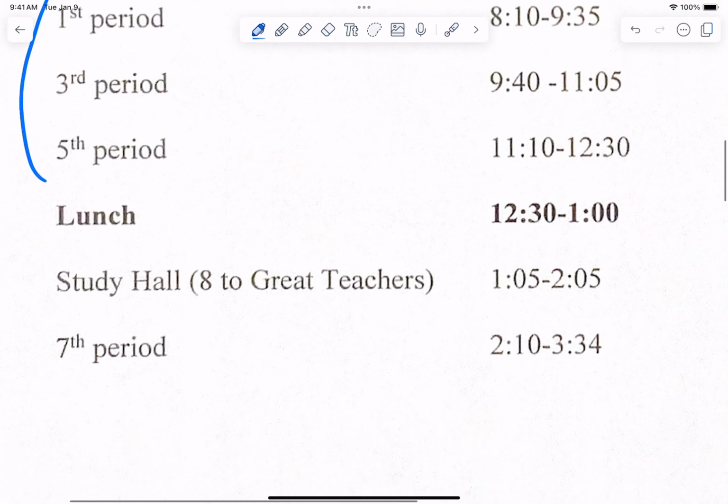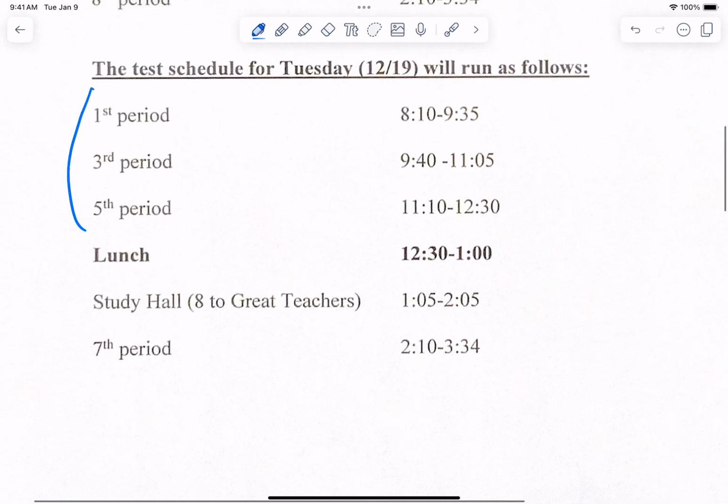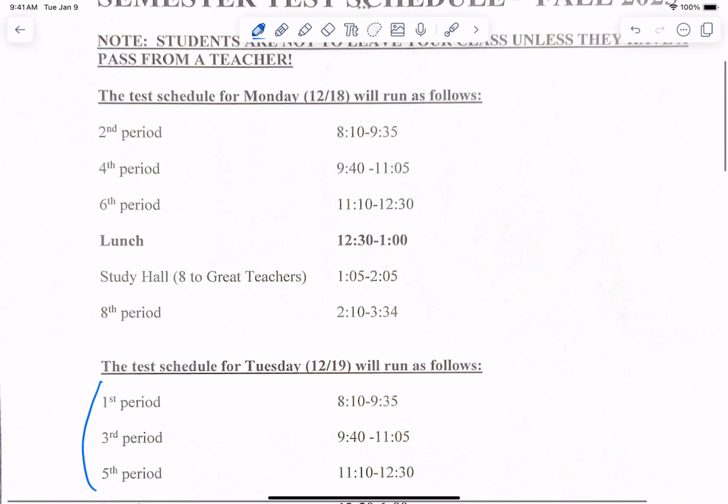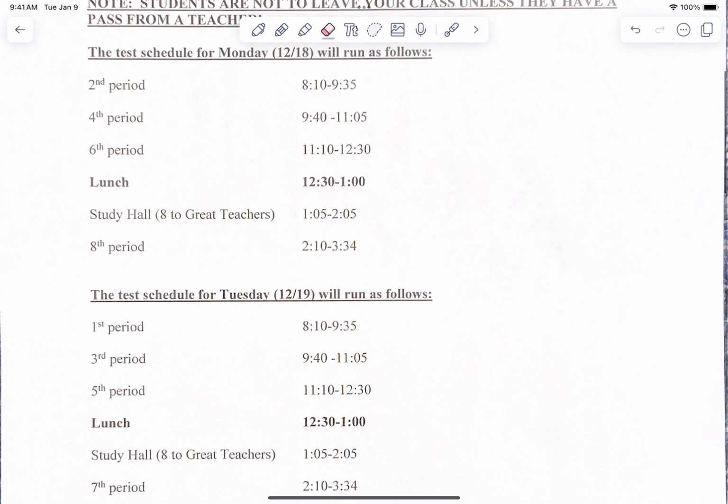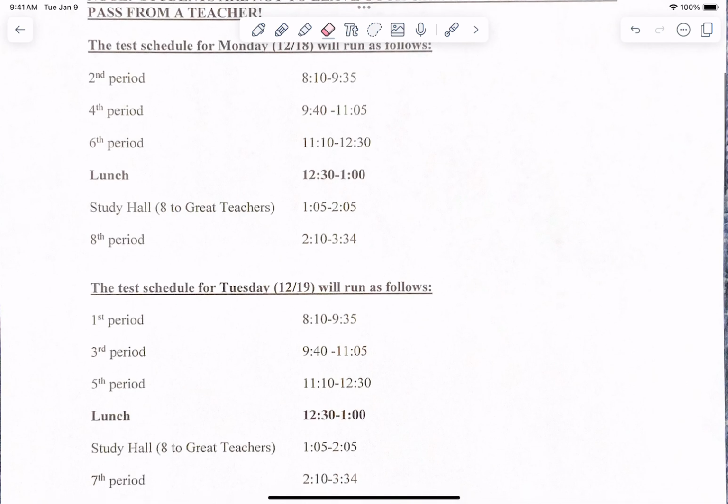Then you go to your 8th grade teachers for an hour for study hall, and then you have your 7th period class. Do we have a study hall the first day too? Yes. Can I take a picture of that? Yep, you betcha. If you need a picture of that, go for it. Take a picture. Relax. Okay? Good?